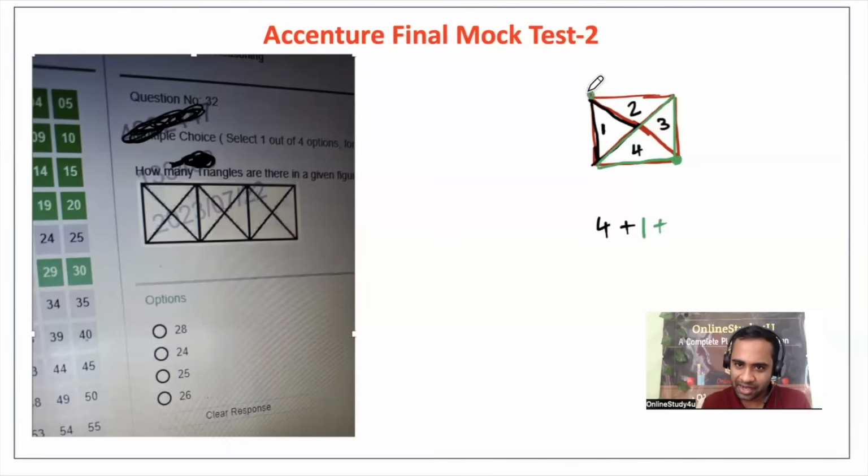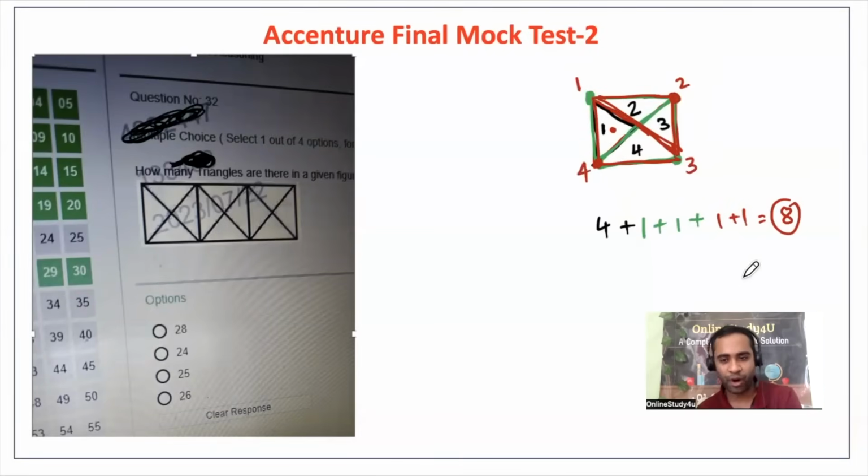Similarly from this point we will have one triangle, plus one, and from this point one more triangle, and from this point one more triangle, right? So that means we have a total of 8 triangles in a box. 4 are these, 1 2 3 4, and the other 4 are from each point. That means a total of 8 triangles, right?